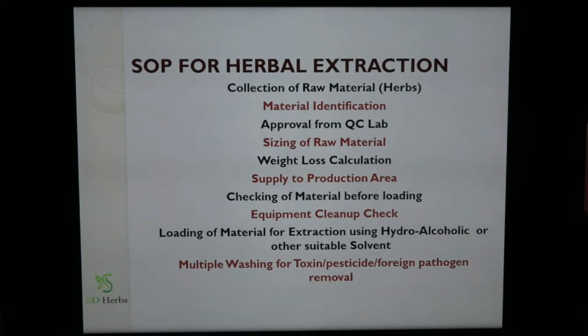During the process, it is not possible to get a raw material which is free from all this pesticide and heavy metal, because in India, practicing cultivation and farming is still a challenging task. We are not getting herbs which are clean. You will get herbs with all these pesticides, all this ETO, all the traces of microorganisms and heavy metals. You have to remove all of this through the process.